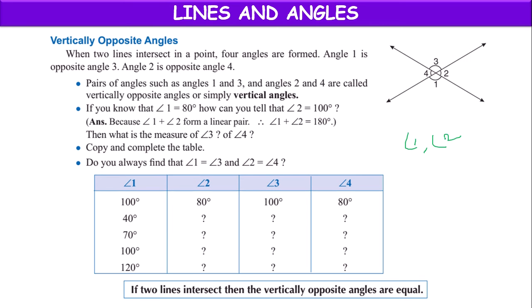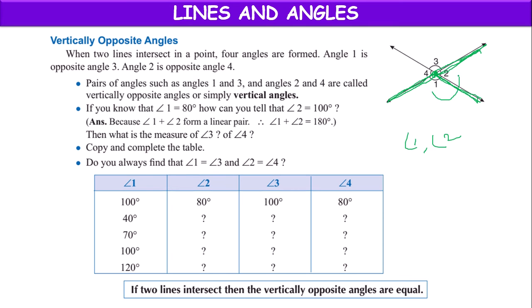But angles 1 and 2 form a linear pair. This angle 1 and angle 2 are formed at the same vertex. They have a common arm and they are located on one side of the same straight line.